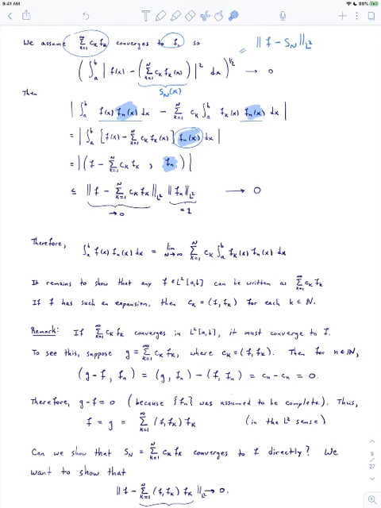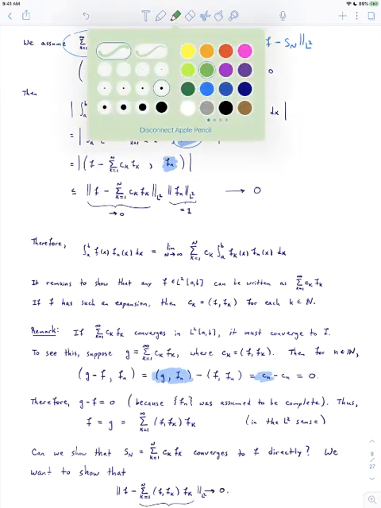But because g is equal to a series, if you look at the inner product of that series with fn, you strip off the nth coefficient, so that's equal to cn. So the inner product of g with fn is equal to cn.